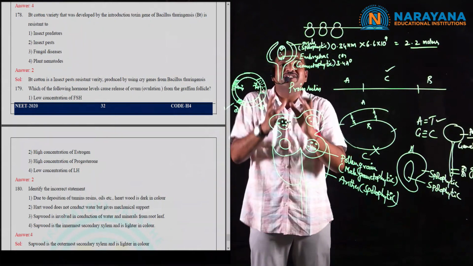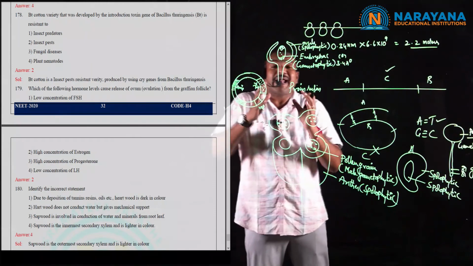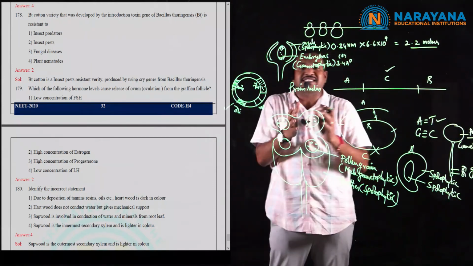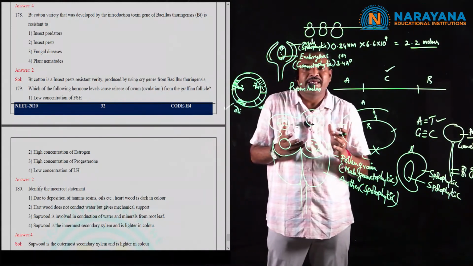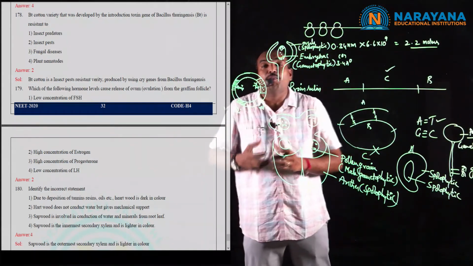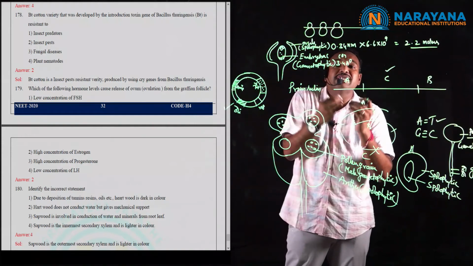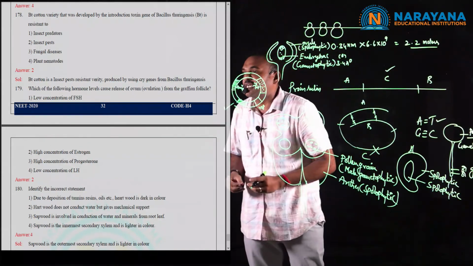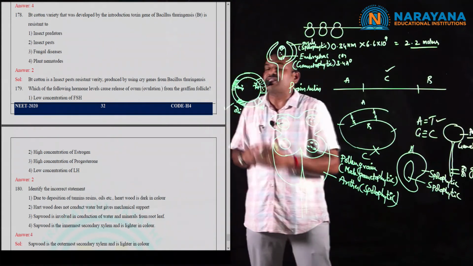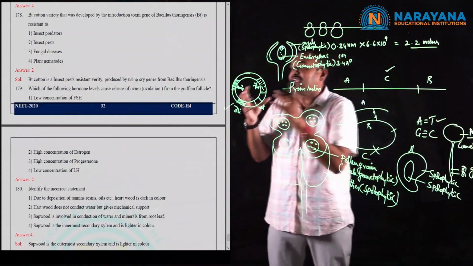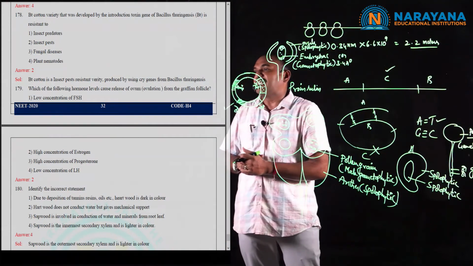Eventually it leads to the death of the insect. By that the plants are protected from insects. That itself is called bioprotection. It is a genetically modified plant produced by using cry genes isolated from Bacillus thuringiensis. That means this BT cotton variety is resistant to insects and pests. The right option for question number 178 is the second option.